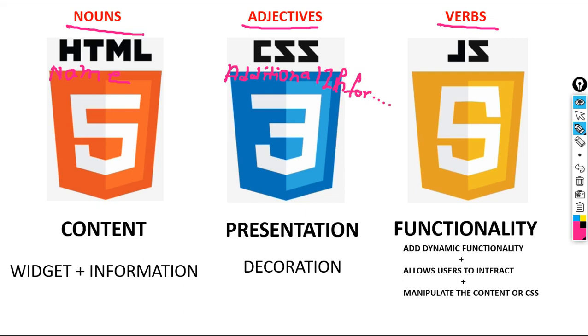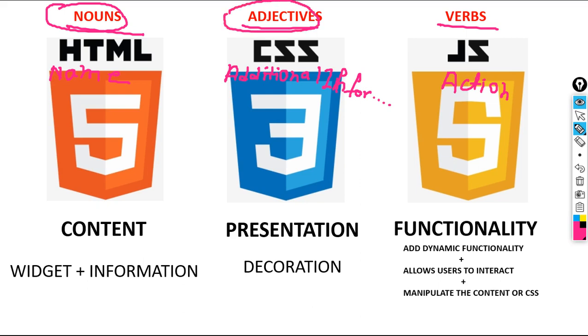And a verb talks about the action of that particular noun. Correct. So this HTML is nothing but a noun. There is no action, there is no extra information, and CSS is nothing but an adjective.